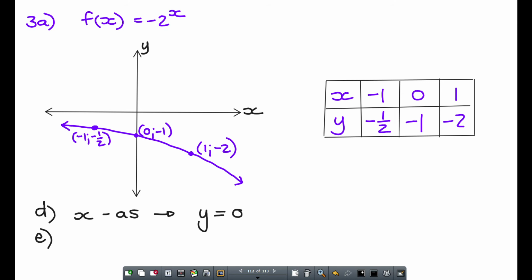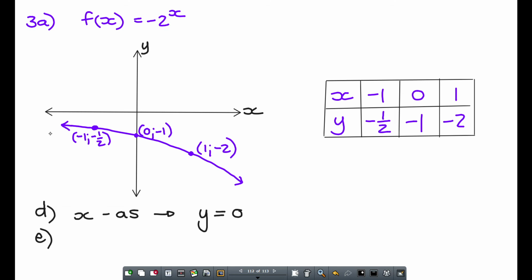Dan by E, vra hulle vir my, is die grafiek dalend of stygend? Okay, now you will see that all of your graphs, we didn't draw all of them, I just drew the first one, but all of them has got a negative, right? Meaning they're all going to look like that. Now ons sê, ons lees die grafiek van links na regs.